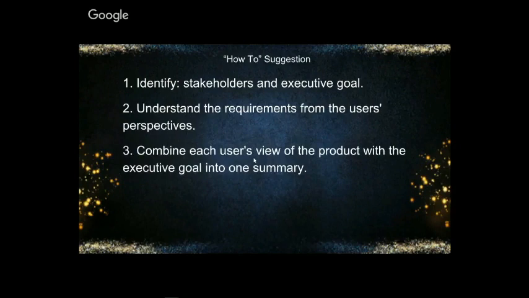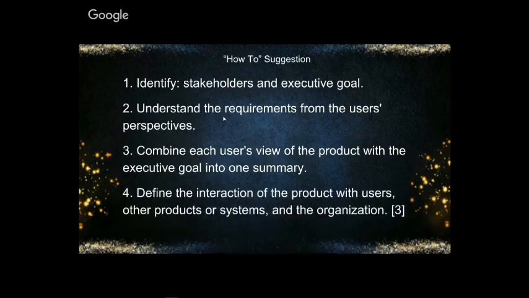And then you would combine each user's view of the product with the executive goal into a summary, and then define the interaction of the product with users, other product systems, and the organization.